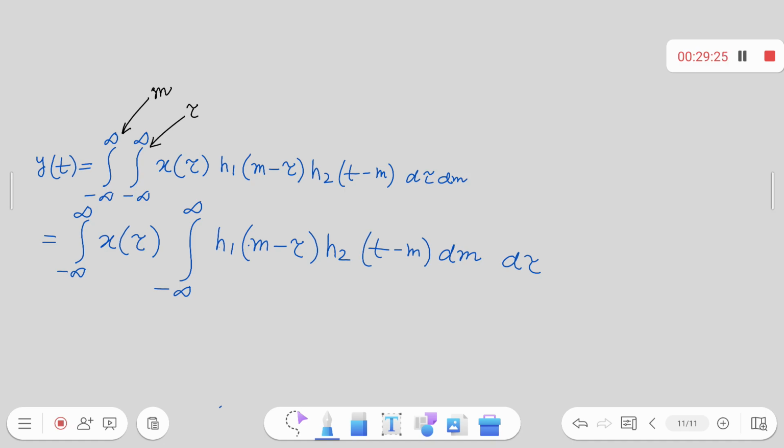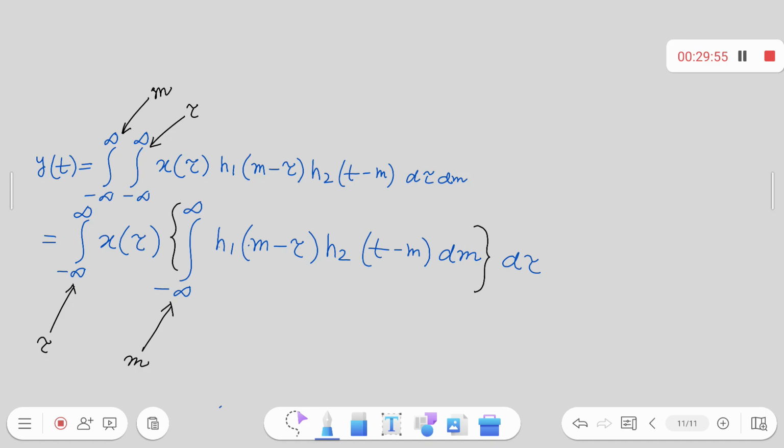Here, this is with respect to tau, this is with respect to m. So this entire thing up to this is not a function of tau. It's a function of m only altogether, right?